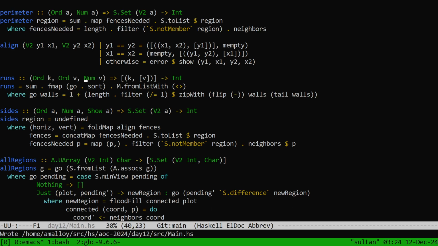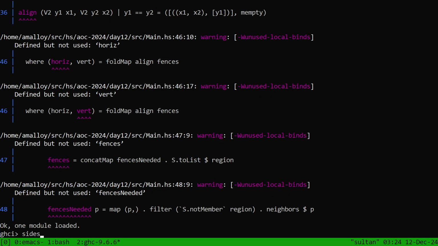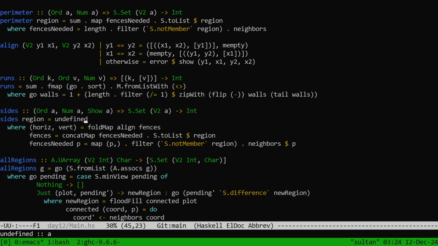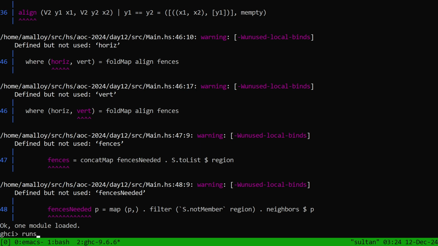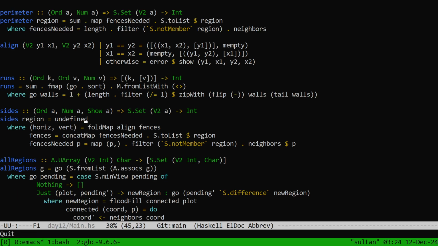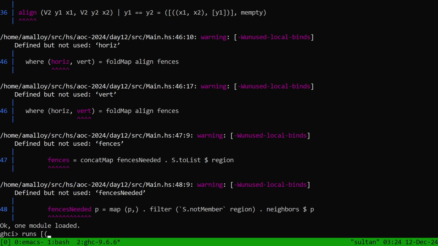Okay, so now we could do a little bit of testing. We could say, how many sides are there? Well, we haven't finished writing sides, so we can't do that. How many runs are there if we have 1 in the list, 2, 4, 3?